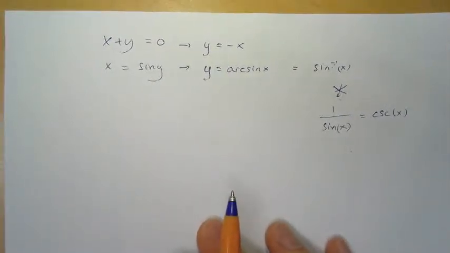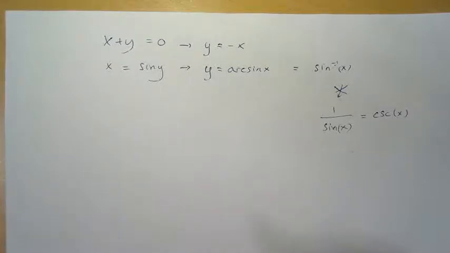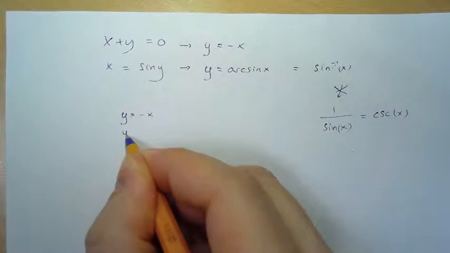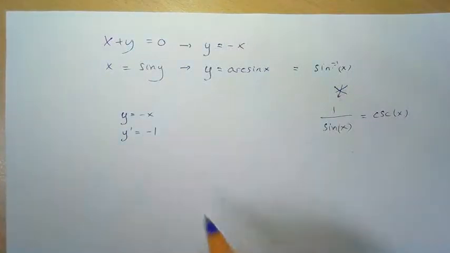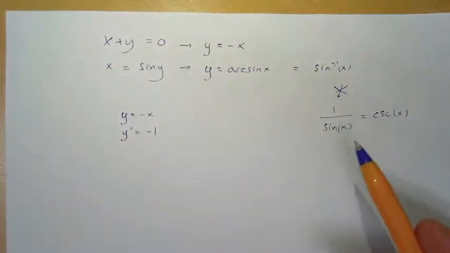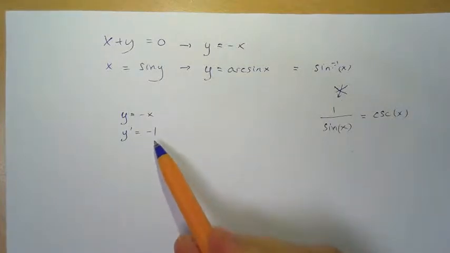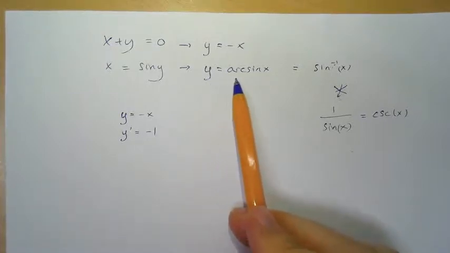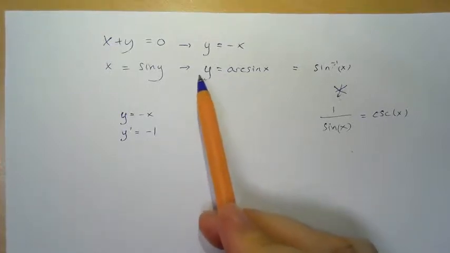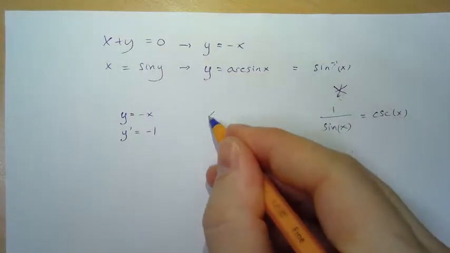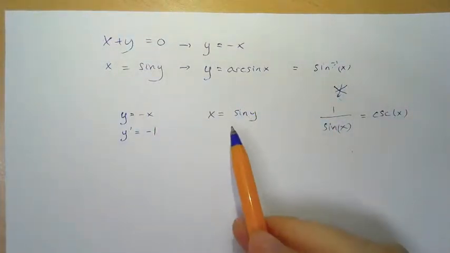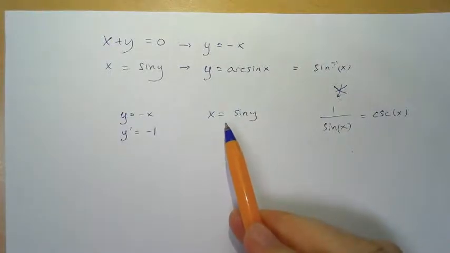How am I going to find the slope of the tangent line? For the first function, y equals negative x, the derivative is just -1. So it's a line, the slope is -1 everywhere. For the second one, we haven't actually studied how to find the derivative of y equals arcsine x, but we do now know, using implicit differentiation, how to differentiate an expression like this.